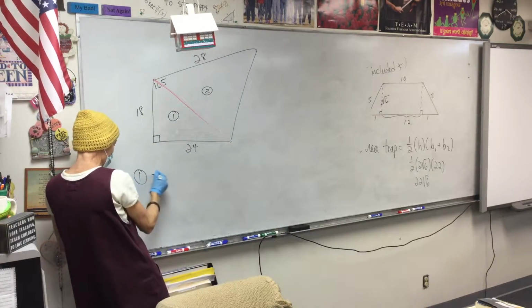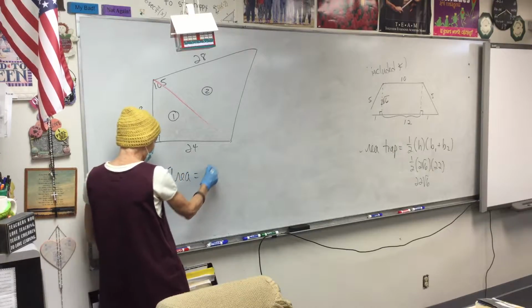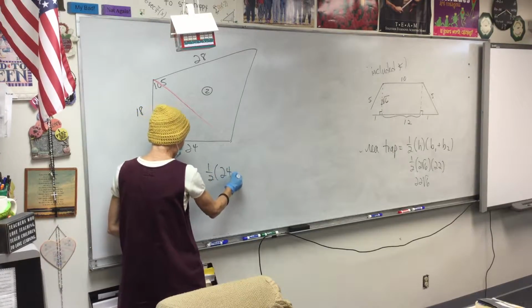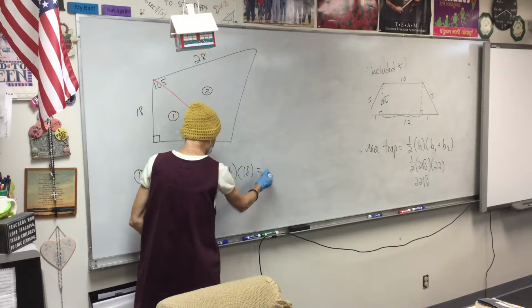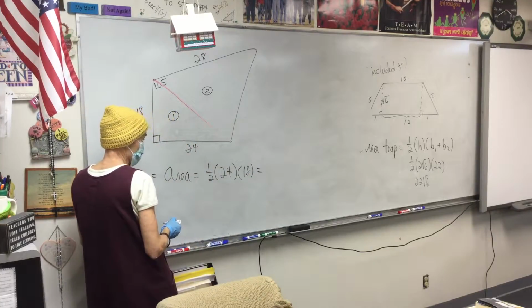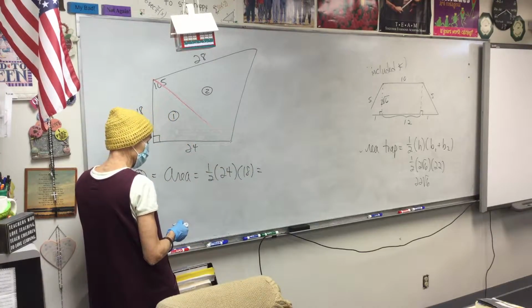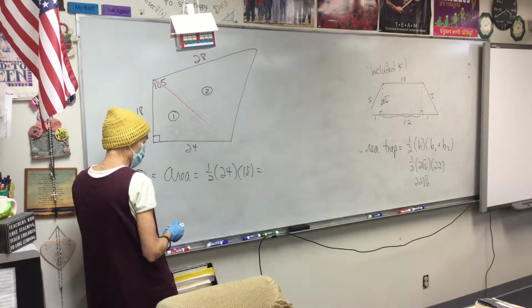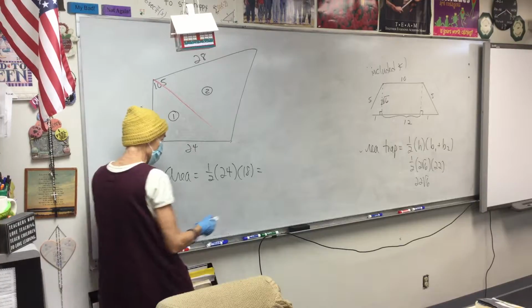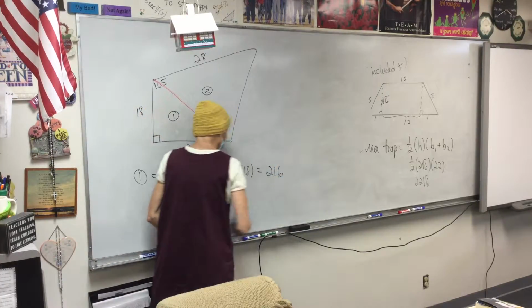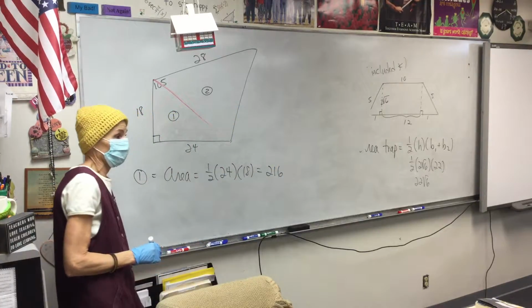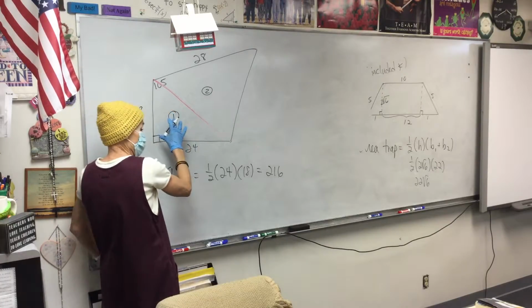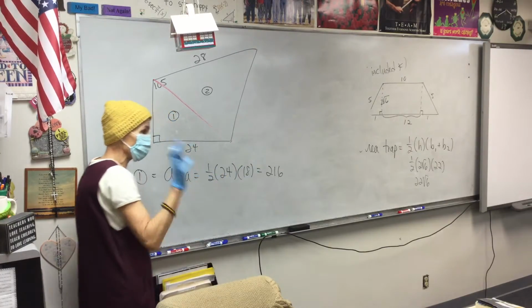For triangle 1, the area will be 1/2 the base times the height, which is, I should know that number, but I don't. 216? Triangle 1 is done. I know its area.